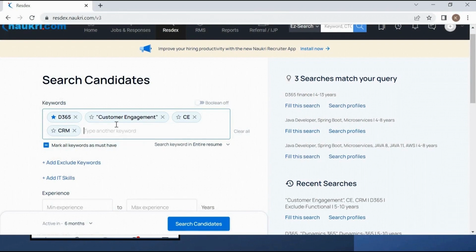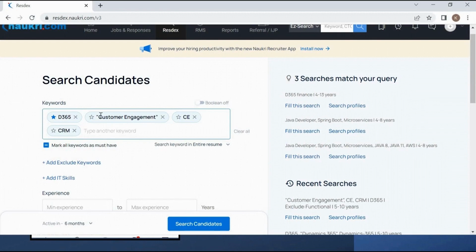When there is a gap between the two words, see, there is a gap between customer and engagement, then we have to mention those words in inverted commas. Now I will get the resumes in which customer engagement is mentioned.